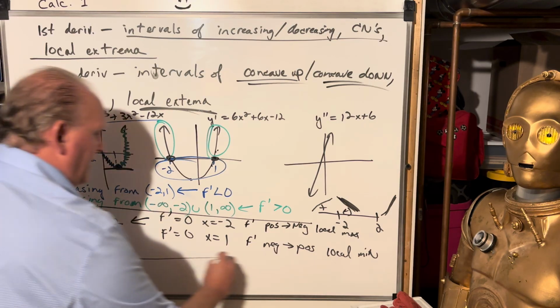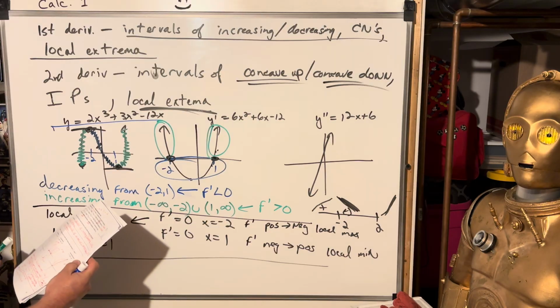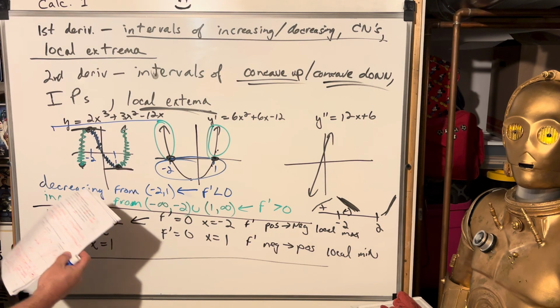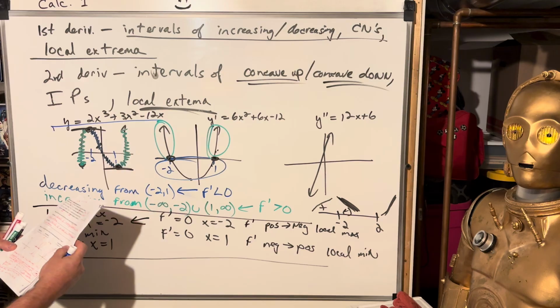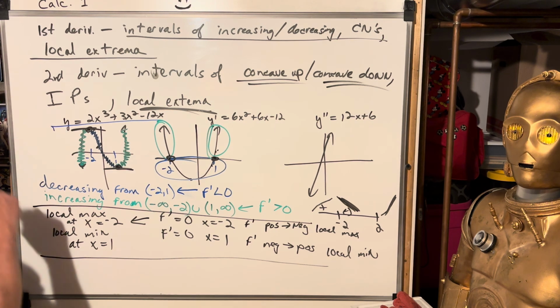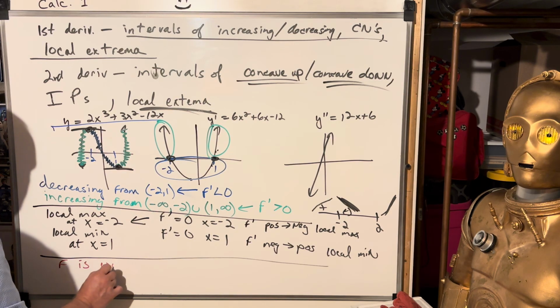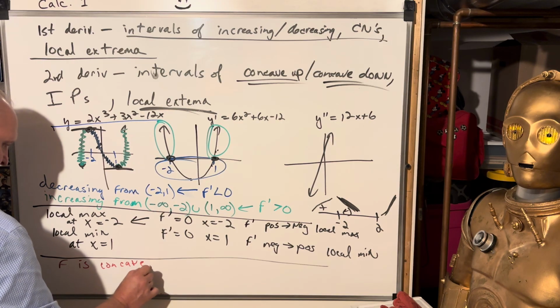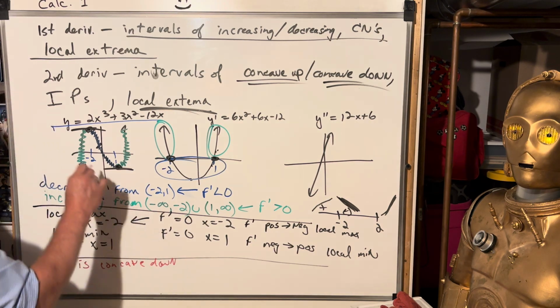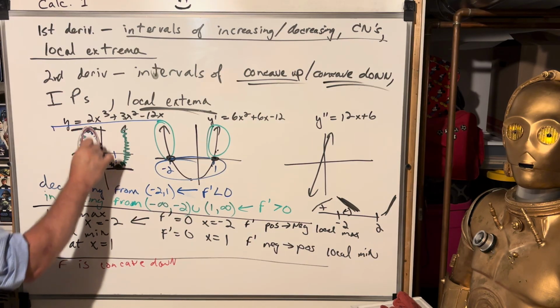All right. And now let's talk about concavity. So if f double prime, f is concave down, so let's look at that. I'll use red. I didn't use red yet. Okay, so here, f is concave down. What does that mean? Concave down is like this. It's that little bumpy guy right there.